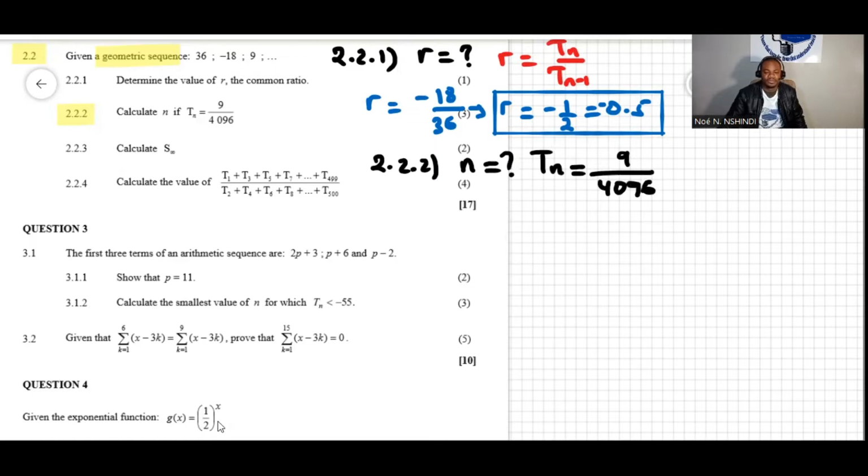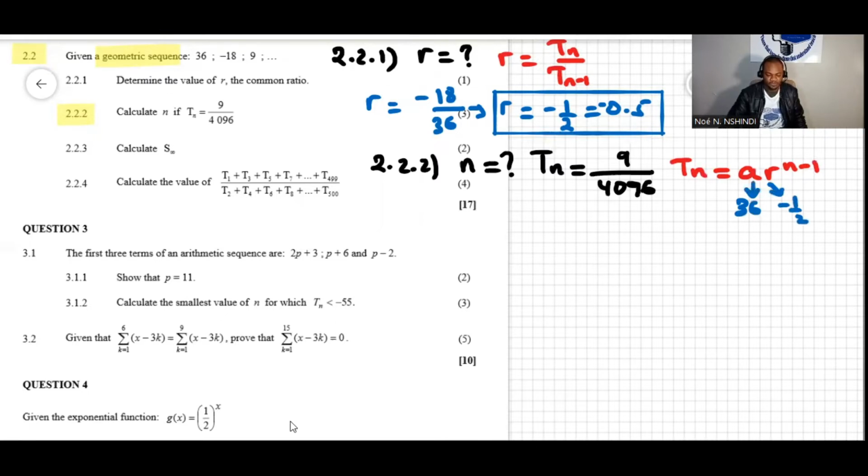Because it is a geometric sequence, we know Tn is given by a r to the power of n minus 1. We know the first term a is 36, and we just found r is -1/2, so we can substitute that.